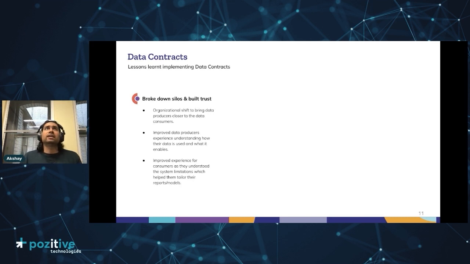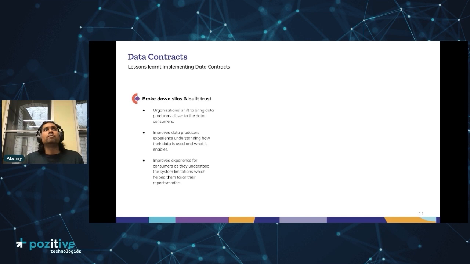The other way it helped us is that the producers started to understand the different ways in which consumers wanted to use their data. And similarly, the consumers started to understand a bit more about the intended ways in which this data should be used.